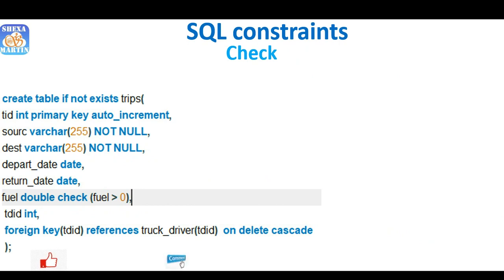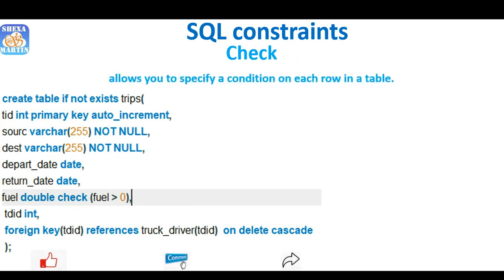Let's now go to this other constraint, CHECK. This allows you to specify a condition on each row. For instance, here we have fuel double check, but this constraint, I'm sure from what we did previously, is not there, and we shall have it when we start to look at the alter modify commands.